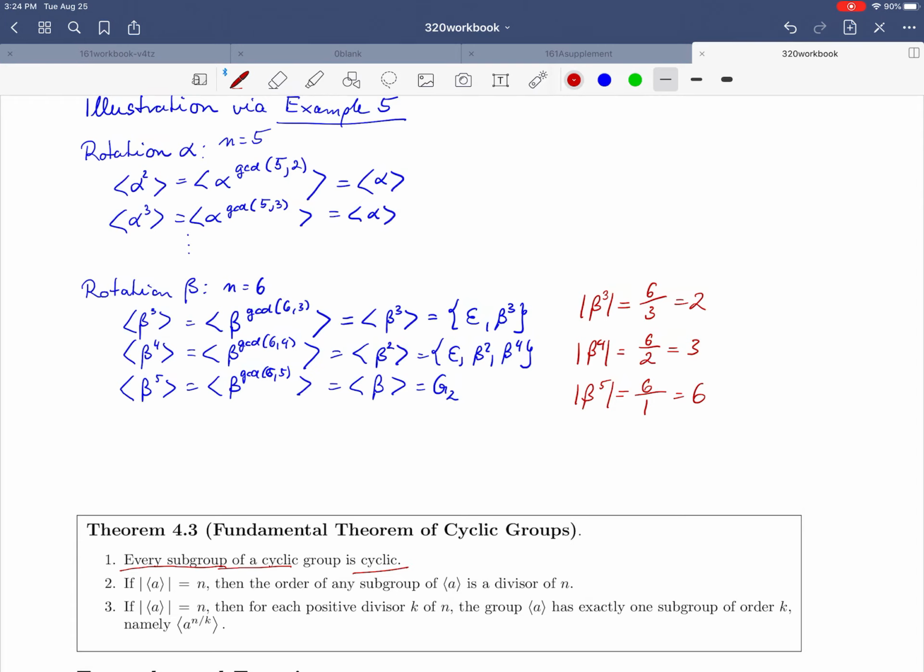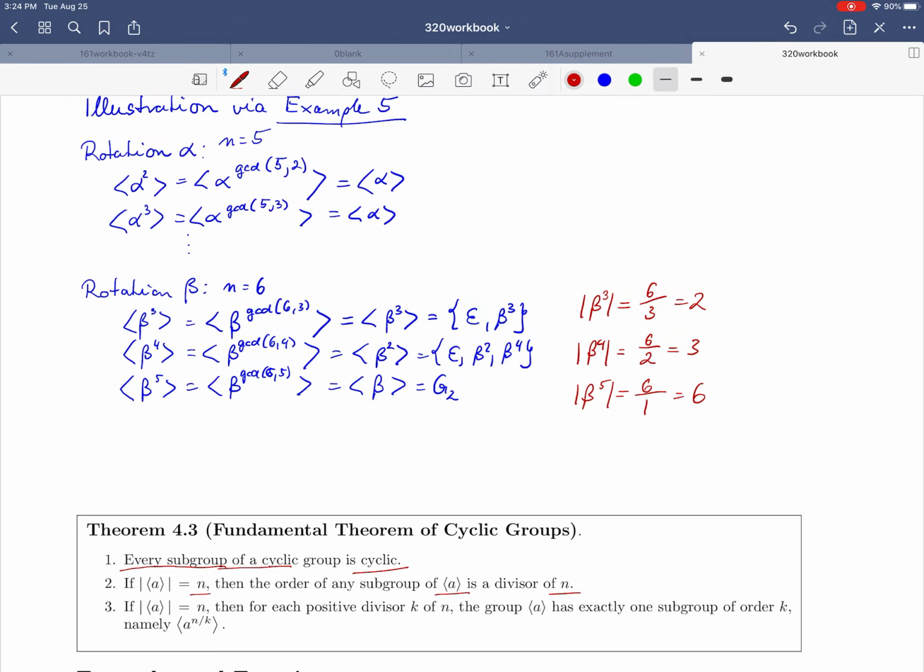And if the order of a cyclic group is n, then the order of any subgroup is a divisor of n. You can go back to the examples and find that that's the case: all the subgroups of G2 had orders 2, 3, or 6.